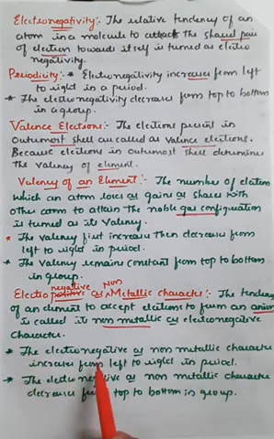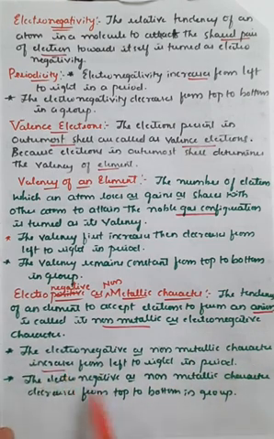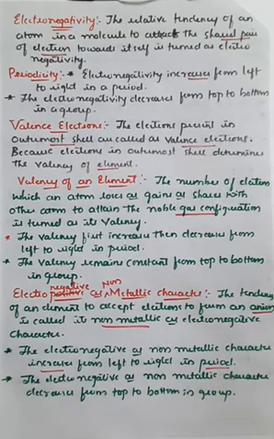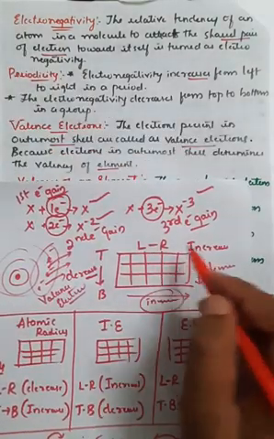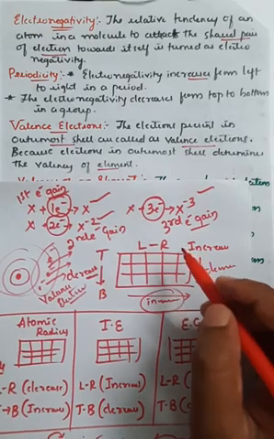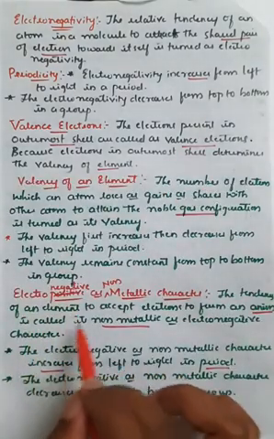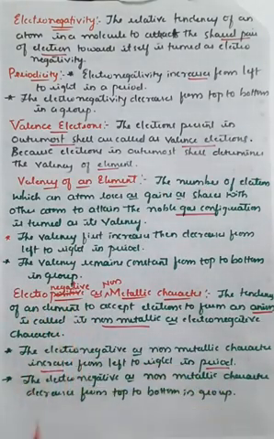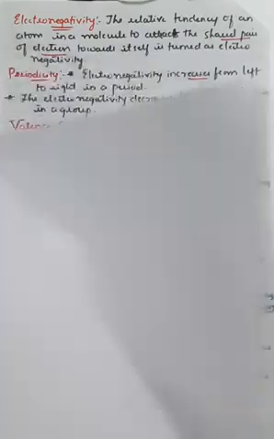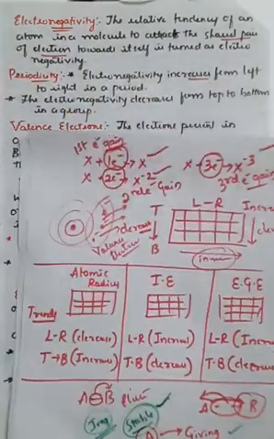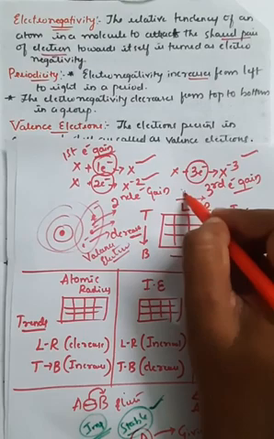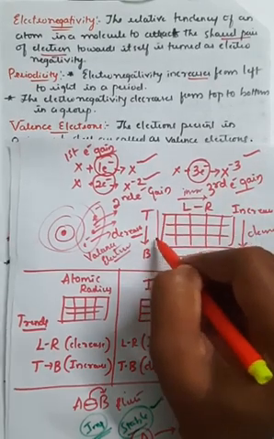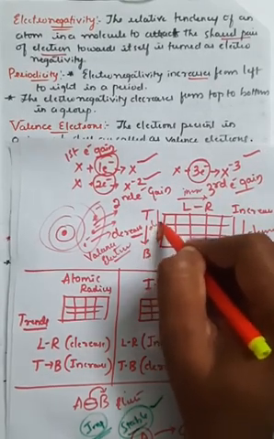So the electronegative or non-metallic character increases from left to right in periods, right? If you go from left to right, the electronegativity of an atom goes on increasing, and if you come from top to bottom, this value decreases, right?